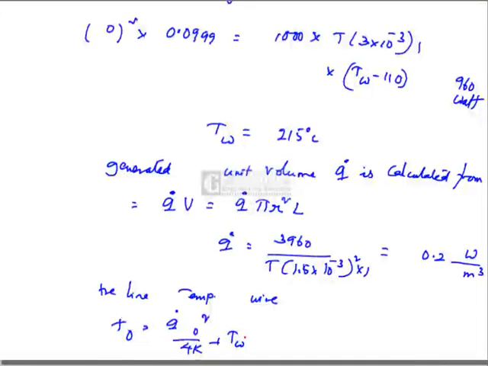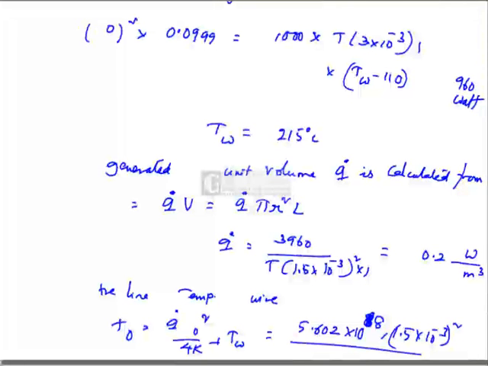This is equal to 5.602 into 10 power 8, because 560.2 megawatts is 5.602 into 10 power 8, into (1.5 into 10 power minus 3) whole square, that is the radius of the wire, divided by 4 into 19, plus 215.